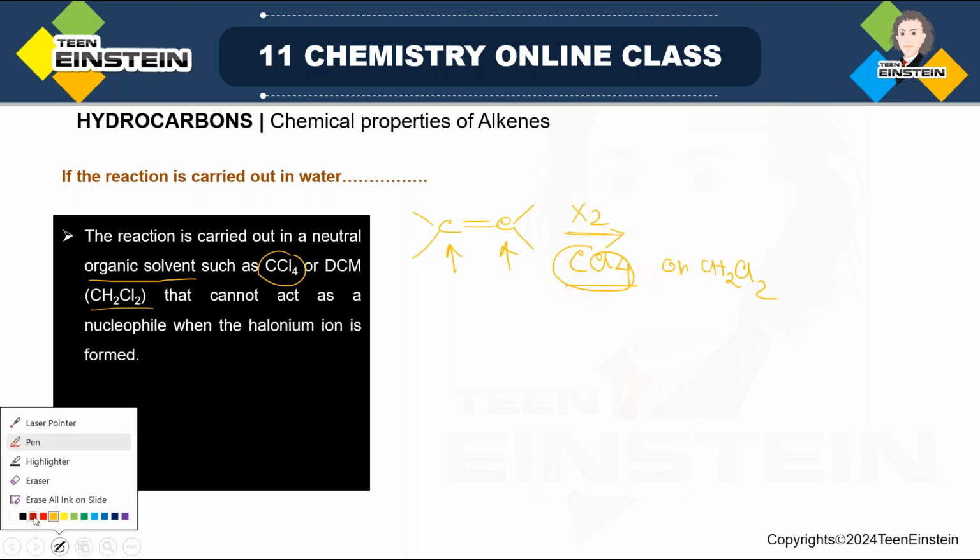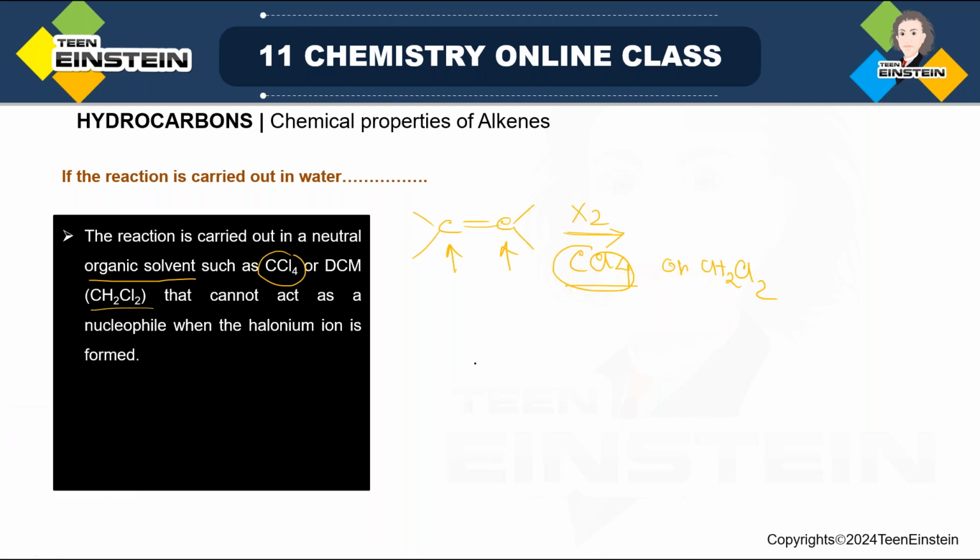But suppose you do this reaction in the presence of water. The same reaction, when you do it in the presence of water, with the reagent obviously there, what will happen? The HO part of water can also make different types of products, and that is the problem we have to face in this reaction. So CCl4 or DCM is used because they cannot act as a nucleophile when the halonium ion is formed.